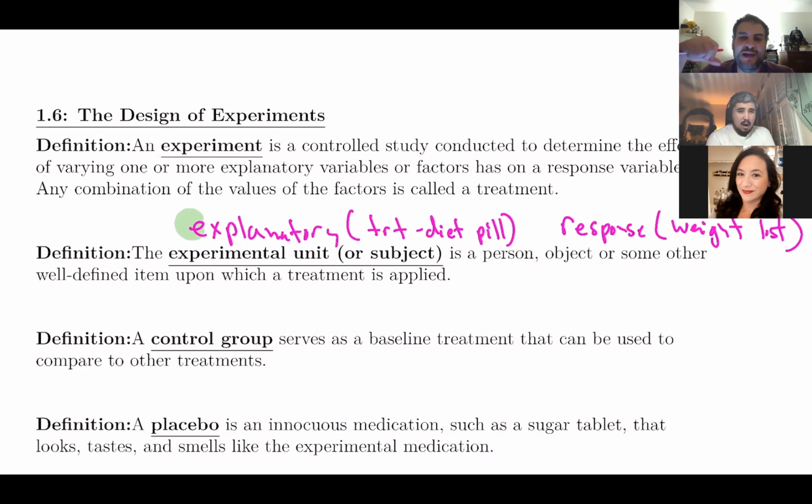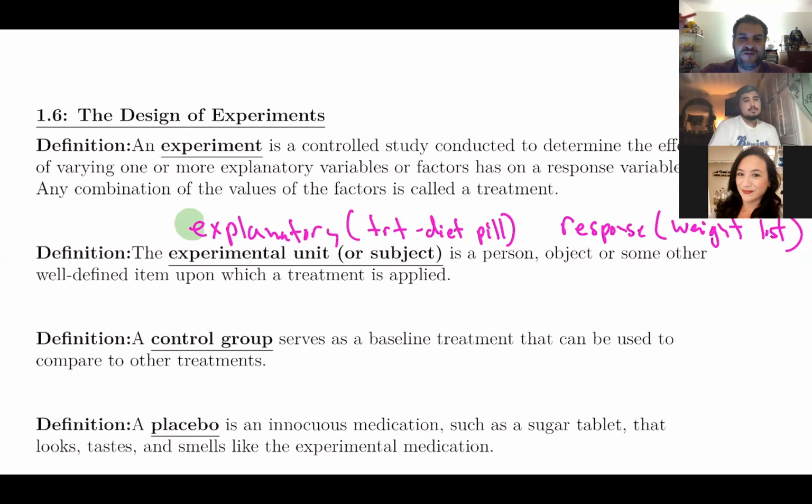The baseline would tell me, going back to the weight loss, how much people could lose if they're just working out by themselves or working out and eating healthy. And then you want the treatment group to see how much significantly better they are doing compared to the control group. Because if the control group and the treatment group both lost the same amount of weight, that's telling me that the treatment is not working.